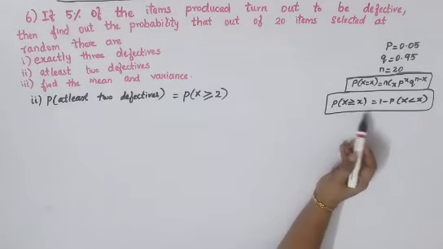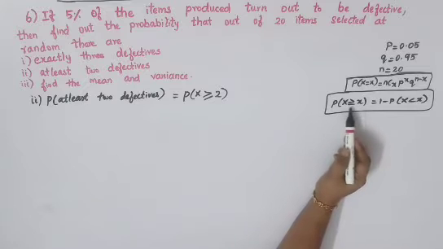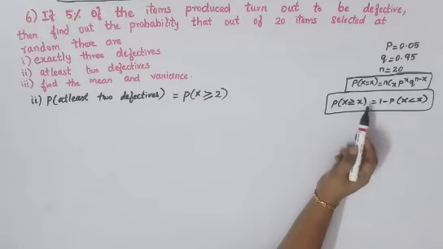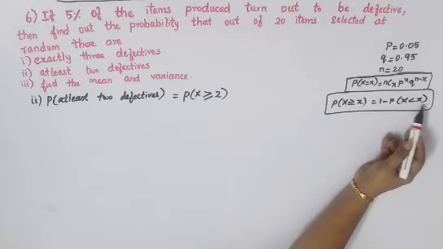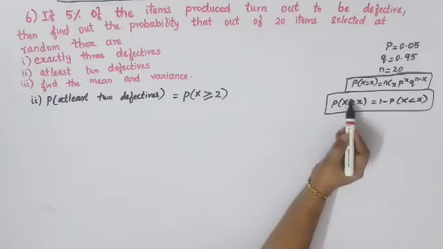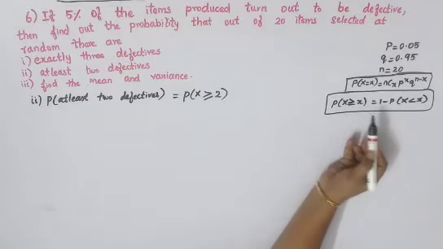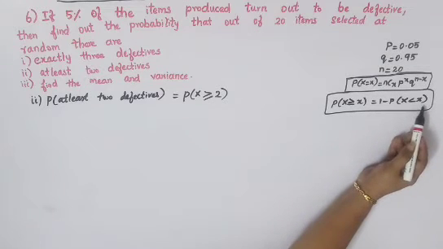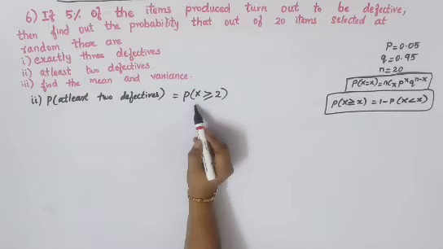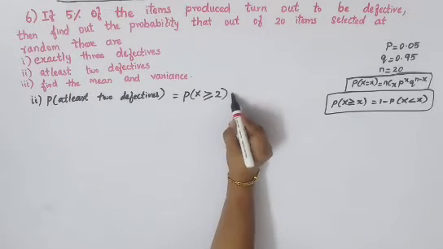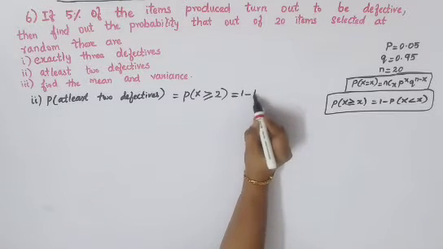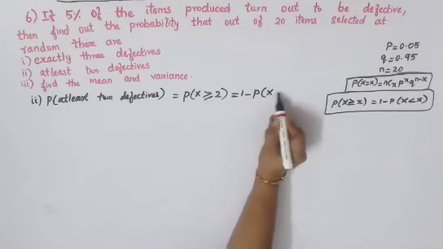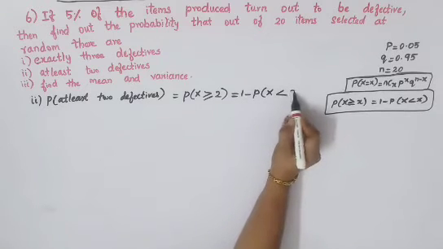So we can use this property: P of x greater than or equal to x can be written as 1 minus P of x less than x. If you have greater than or equal to, you can convert it into less than. So P of x greater than or equal to 2 becomes 1 minus P of x less than 2.